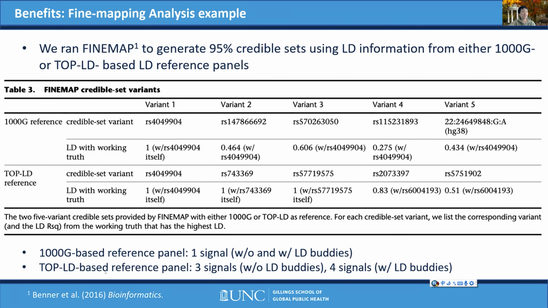So basically, using 1,000 Genomes summary statistics, we only capture 1 signal out of 7, regardless of whether we use LD tags. While using TOPLD, we can recover 3 signals out of 7 without LD tags, and if we allow LD tags, we're able to recover 4 of the signals.